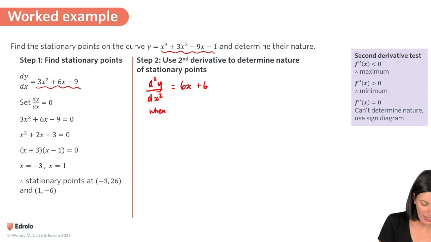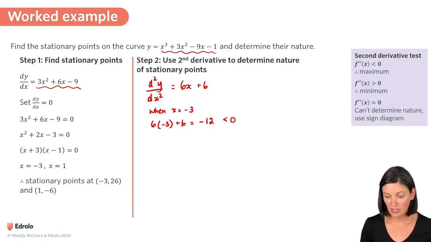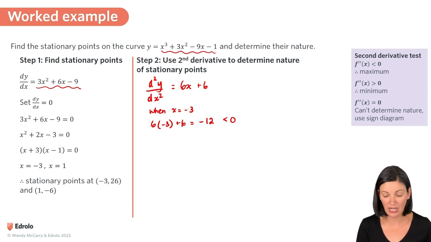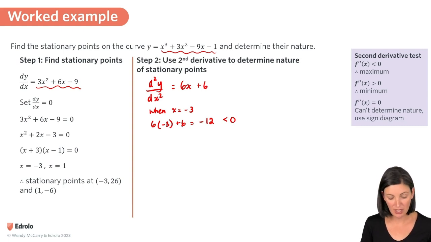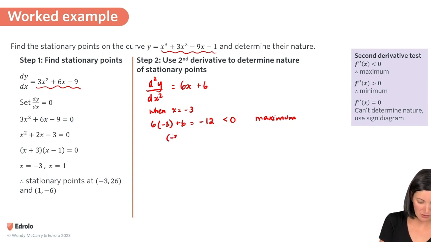So when x is equal to -3, I get 6 times -3 plus 6, which is -12. Now, -12 is less than 0. So if the second derivative at a point is less than 0, then I have a maximum stationary point. So that means that the point (-3, 26) is a maximum.